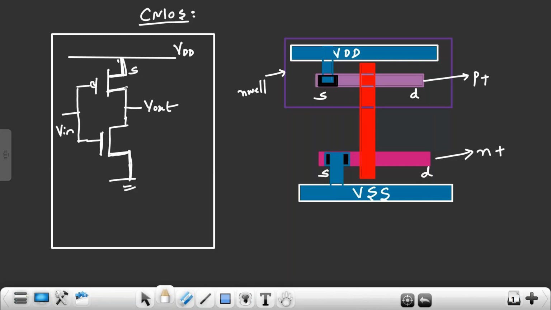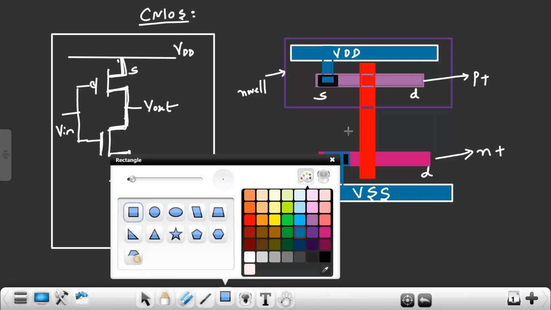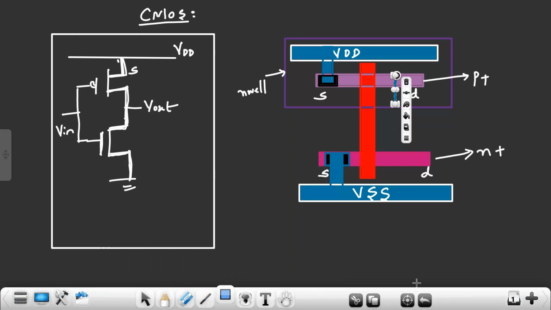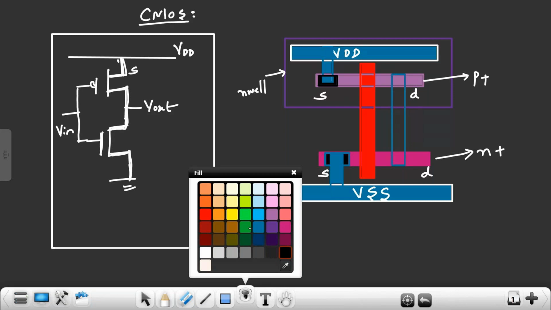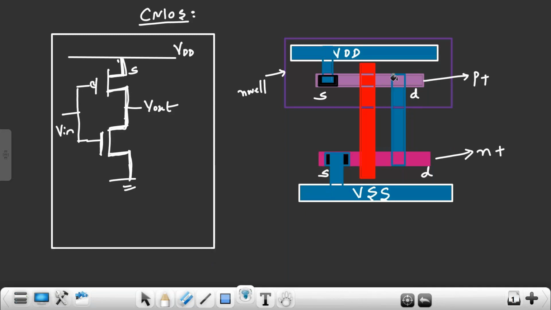Drain of your PMOS and drain of your NMOS are shorted through the metal layer. And from this you take one output. So this is nothing but your V out.